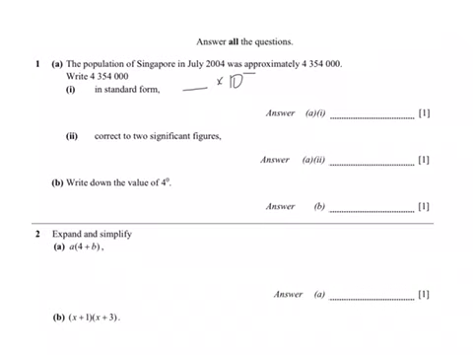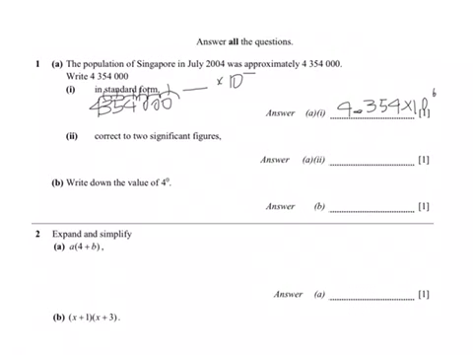So for 4354, we see that the decimal point will jump to a number that's less than 10. So the now decimal point is placed at 4.354 multiplied by the number of times we jump. So it's 1, 2, 3, 4, 5, 6. So it's 10 to the power 6.